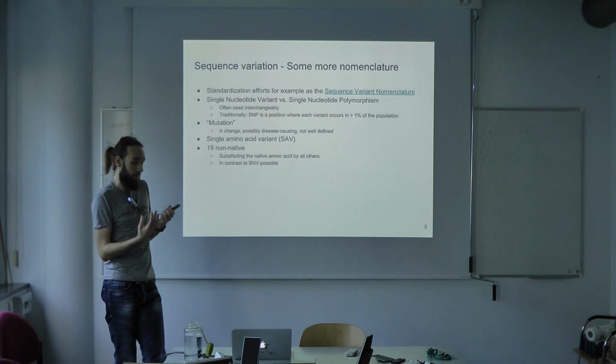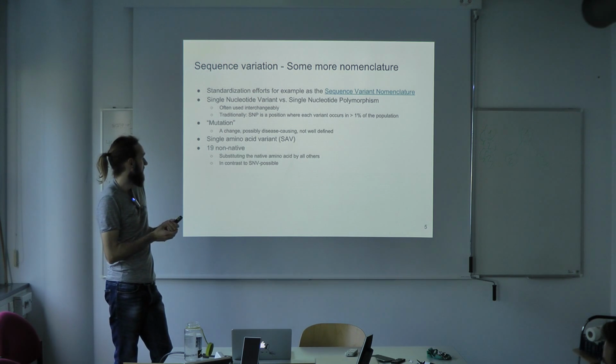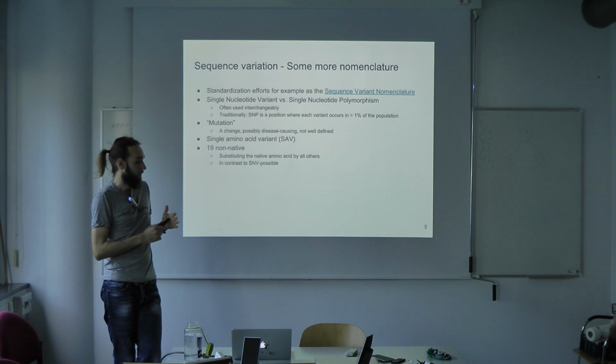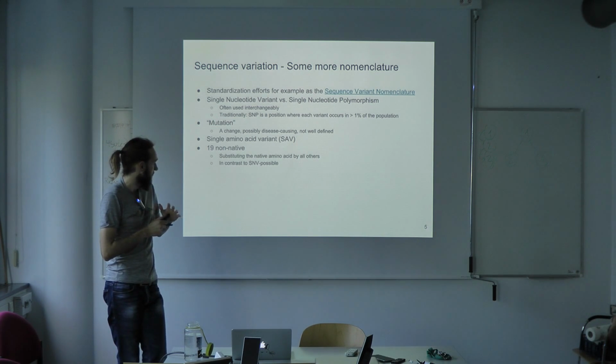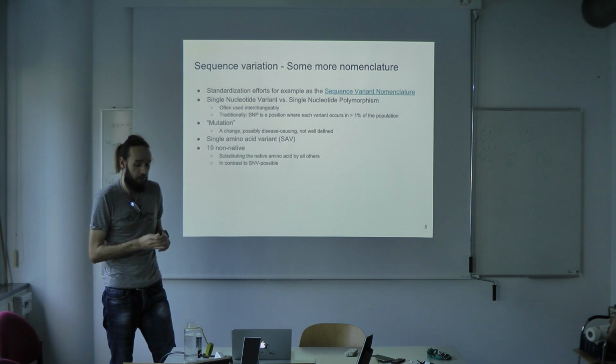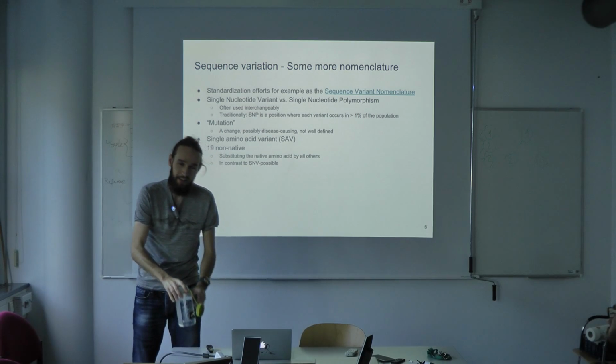And 19 non-native is in contrast to SNV possible or SNP possible. So, just from the name, do you have any idea what that could mean then? If 19 non-native is mutating to all other 19, what could SNV possible be?